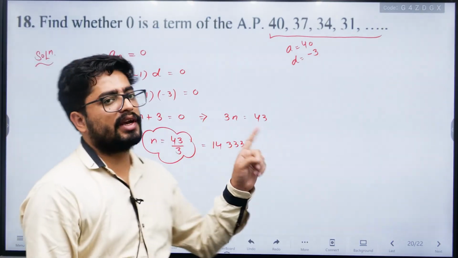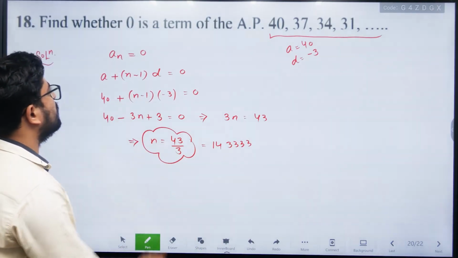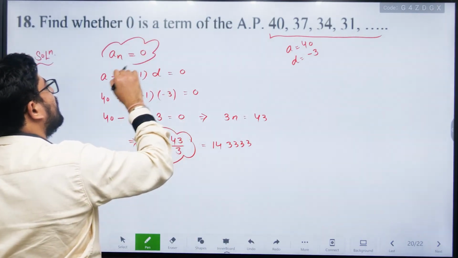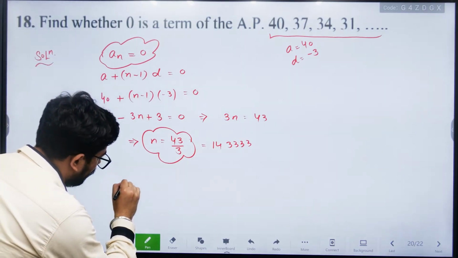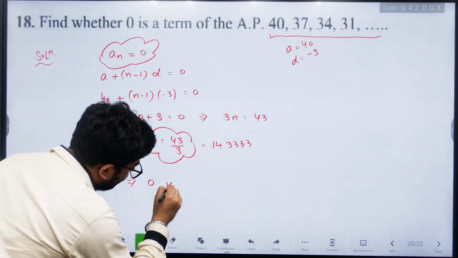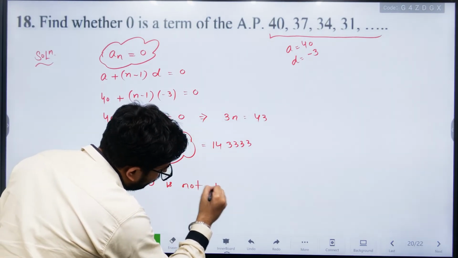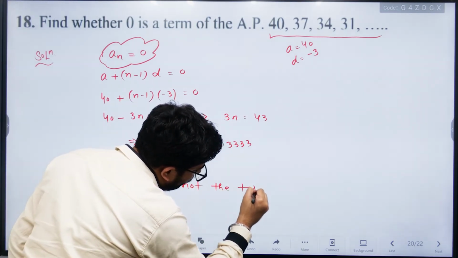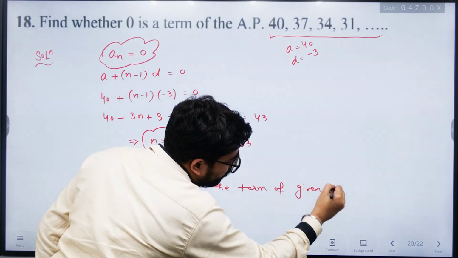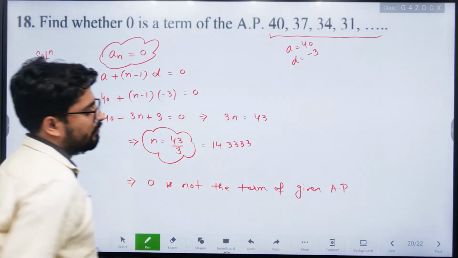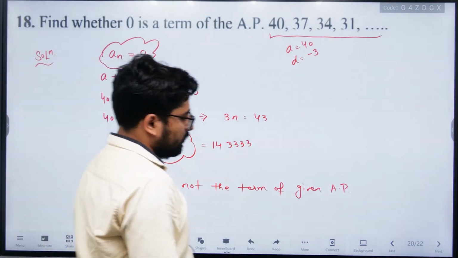But we know n must be a natural number. So it means there does not exist any n for which an is 0. So 0 is not a term of the given AP. Okay, that's the answer.